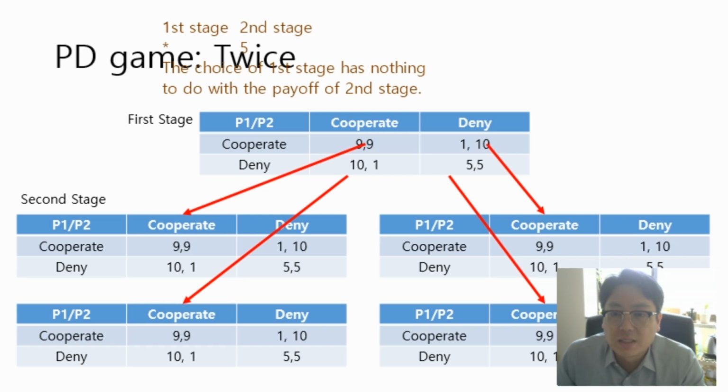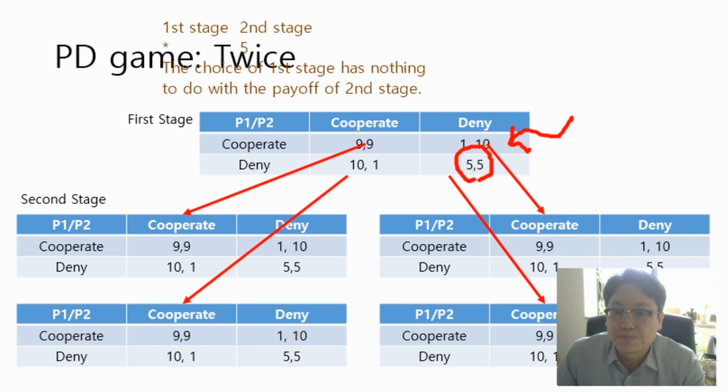It's like the choices in the different stages are independent, so that the player in the first stage can choose without considering what will happen in the second stage, so they will choose deny and deny. Why? Because this is a unique Nash equilibrium.